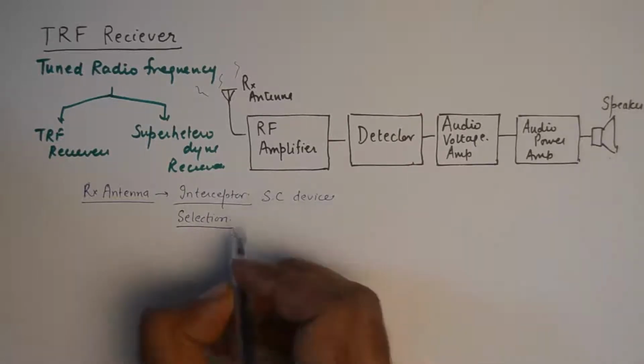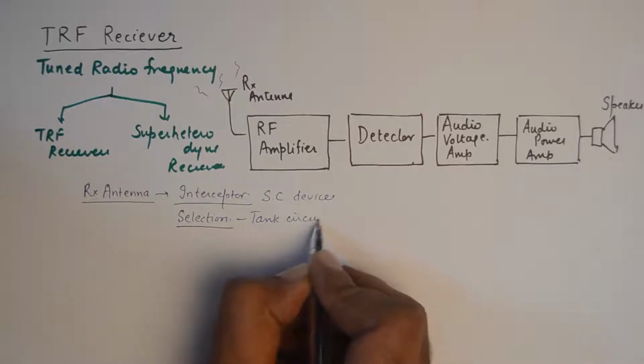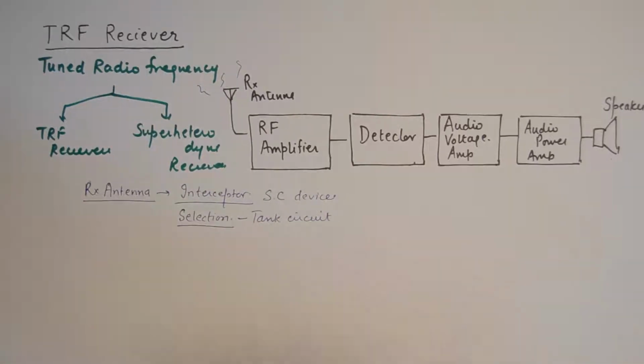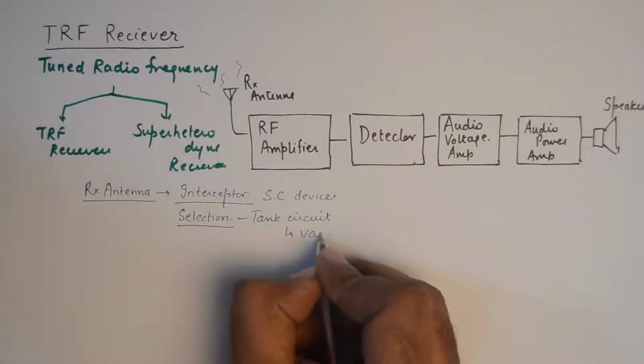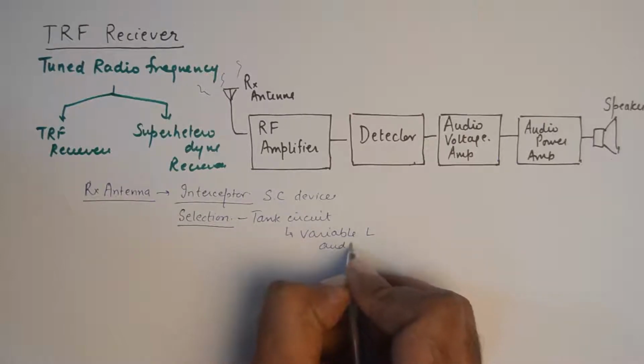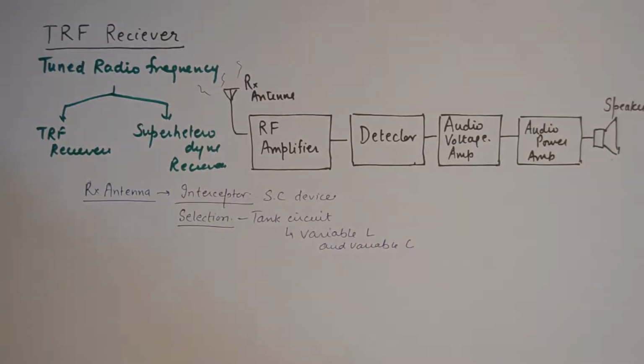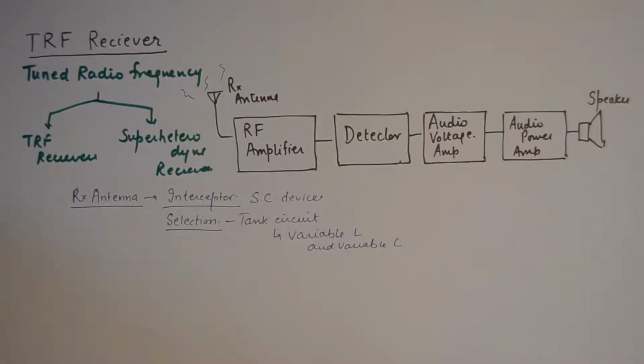So a tank circuit is used. It's a key point that you need to remember for the examination. A tank circuit is used, which consists of a variable inductor and variable capacitor to generate a resonant frequency, and it receives the electromagnetic signal of that resonance frequency.